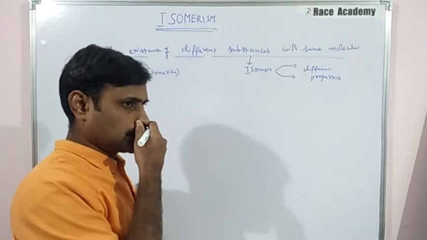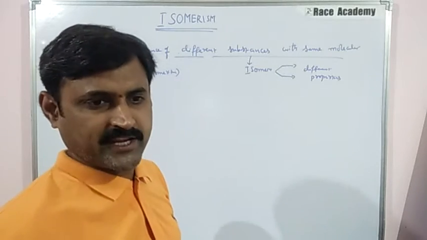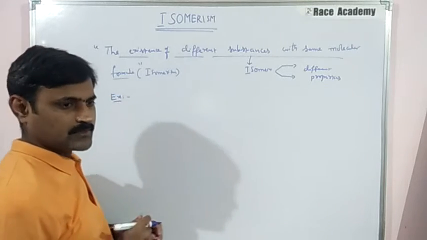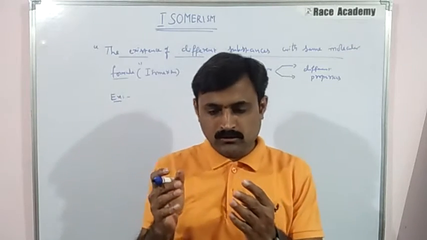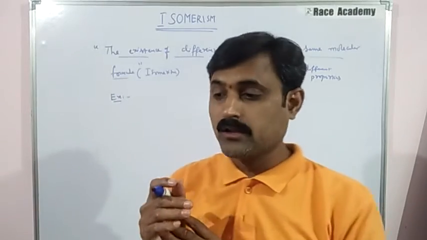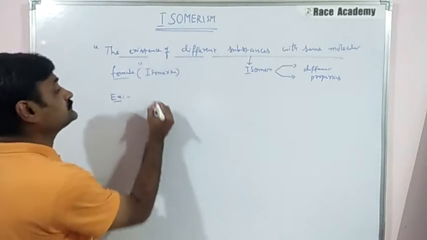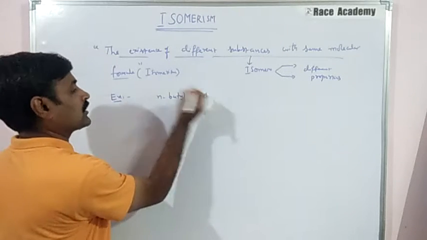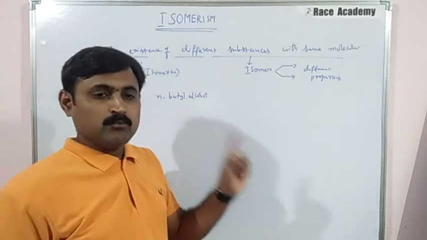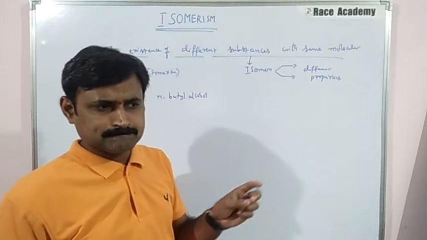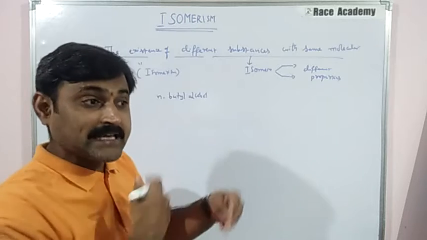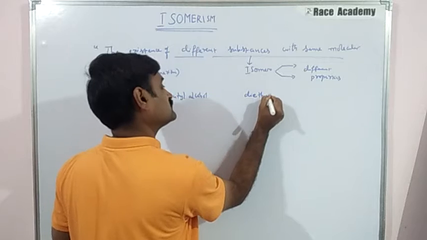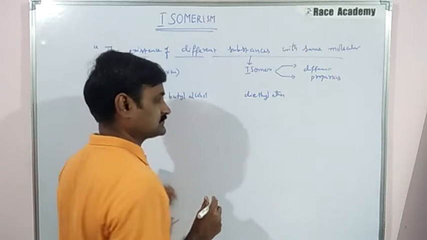Now we will see an example. If we see one example, we will get an idea. What is the exact name called? N-butyl alcohol. N-butyl alcohol is actually an isomer of diethyl ether.